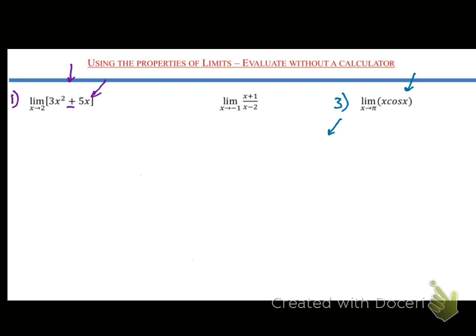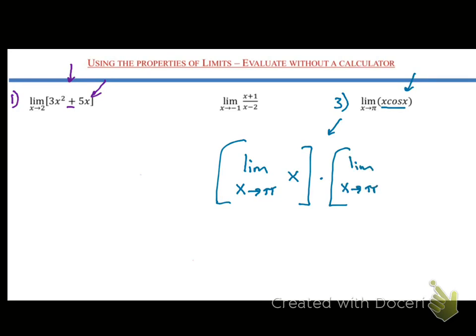I'm going to use that product property that says if I have the product of two functions, x times cosine x, x would be the first function, cosine x the second, then I can split that apart, go to the same limit value of the first, and then I can multiply that by the same limit of the second. So the product property of limits allows us to rewrite this like that.